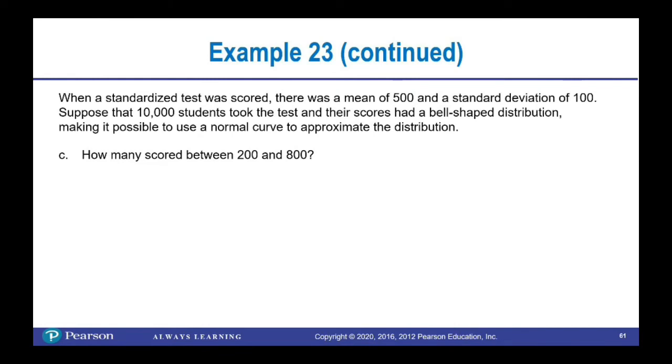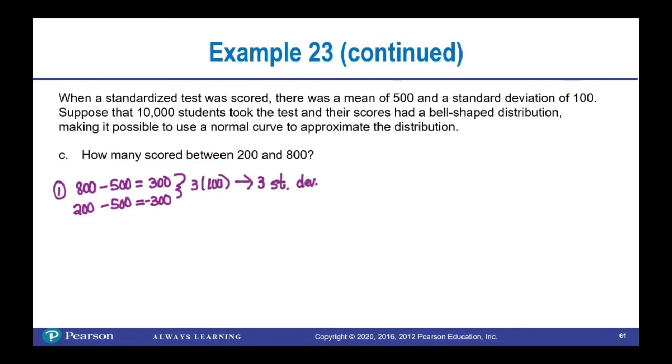Look at part C. How many students scored between 200 and 800? Again, the first thing I need to know is how far from the mean are each of these values. So I subtract the mean from each of these values. This gives me 300 and negative 300. Again, a positive value is above the mean, a negative value is below the mean. 300 is 3 times 100, or 3 standard deviations.